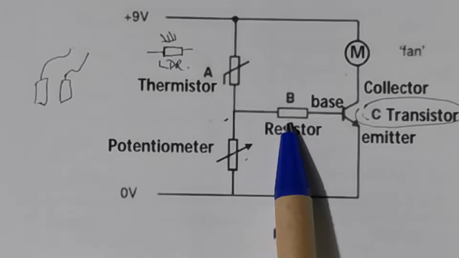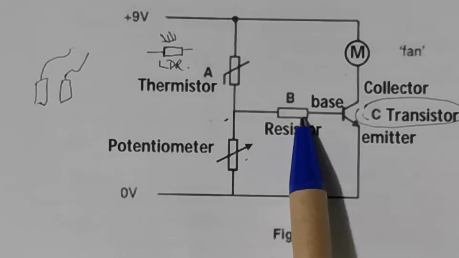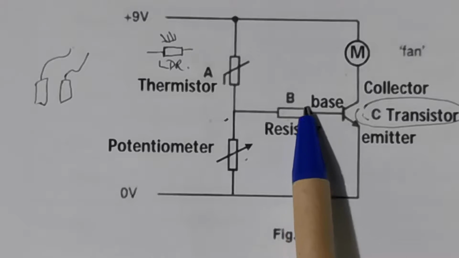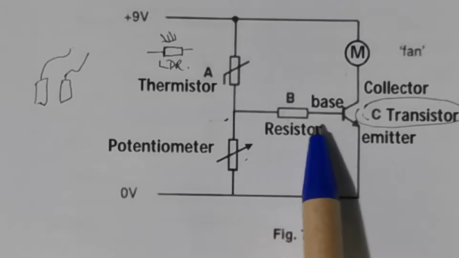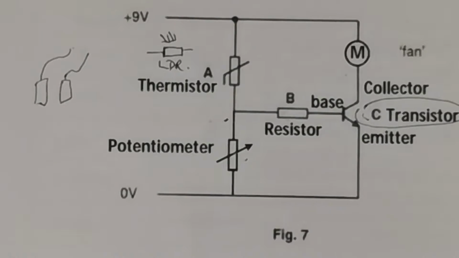Resistor is usually used for protection, except for the voltage divider, which is to transform a bigger voltage into a smaller one. Otherwise, when you see a resistor, it must be put to protect a component. In this case, this resistor is to protect the transistor.